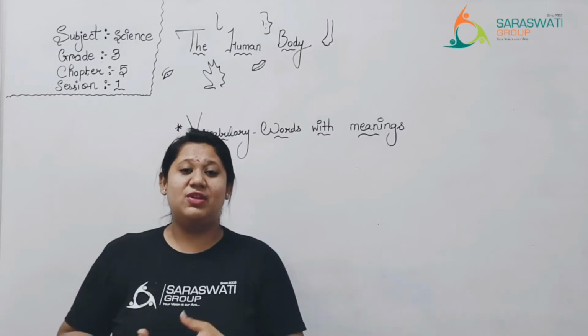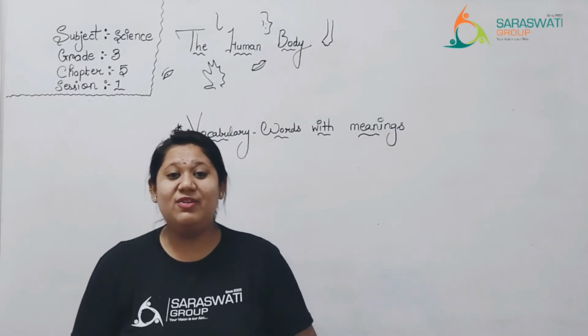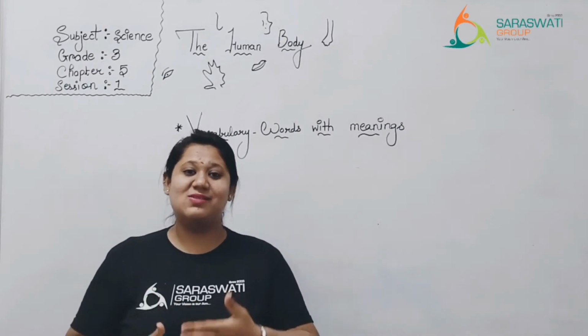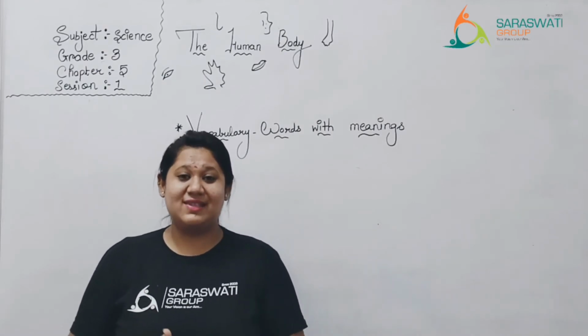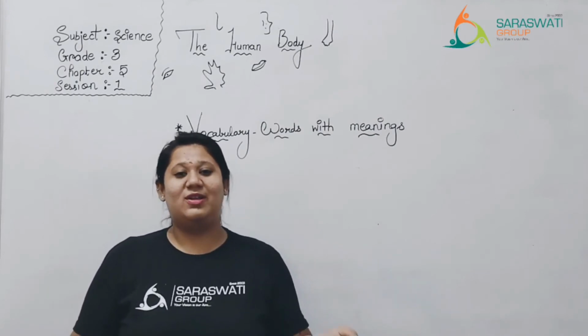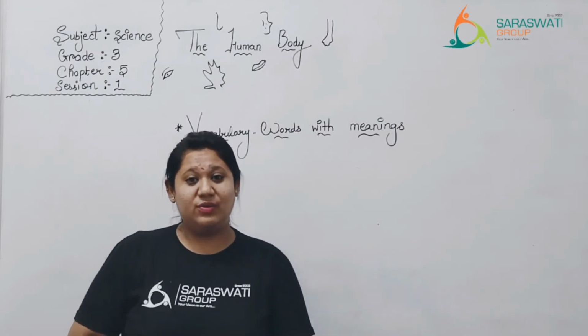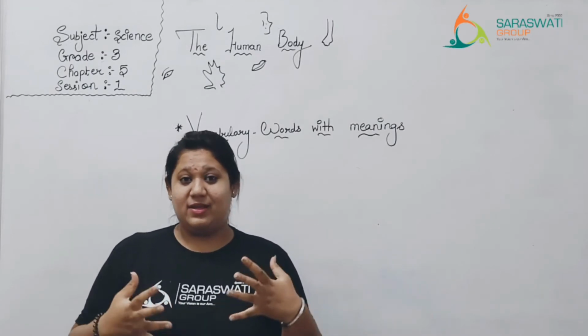Kids, our human body is made up of so many things. As I told you, we have so many different body parts: eyes, nose, ears, tongue, skin, legs, stomach, right? So many organs it is made up of. But in detail, we are going to learn in this chapter.